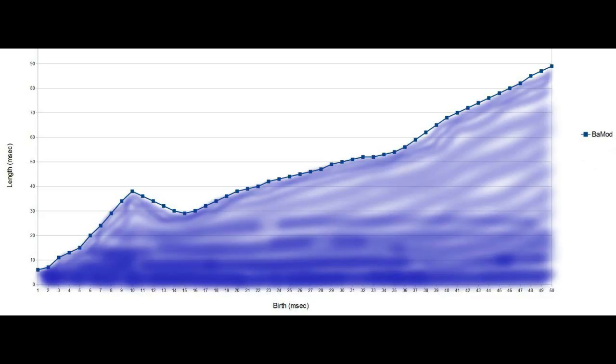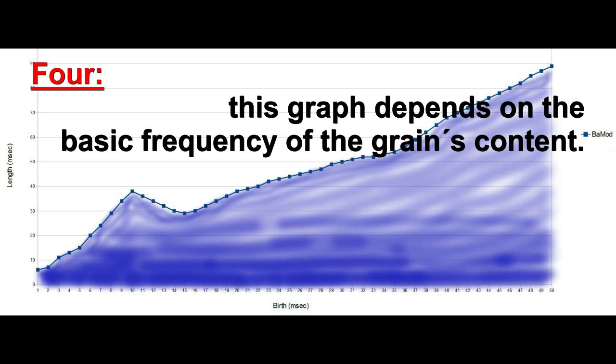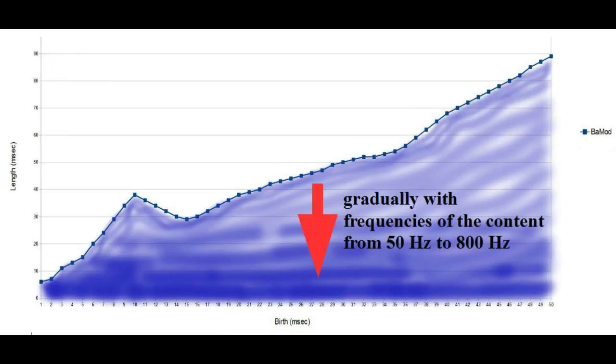Number 4. Well, it's again not dependent on the content's spectral complexity, but on its basic frequency at which length-birth combination the audible modulations begin. However, this relationship is not a linear one. With the content's frequencies of 50 Hz to 800 Hz, the borderline of audible modulation changes towards shorter lengths of the grains.